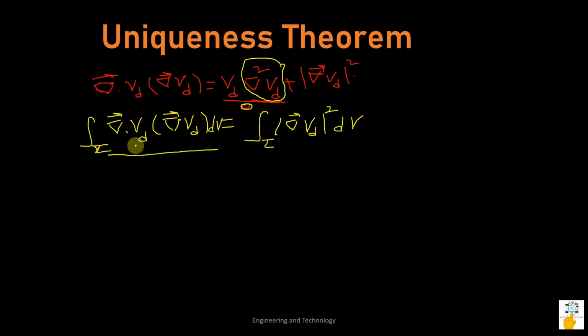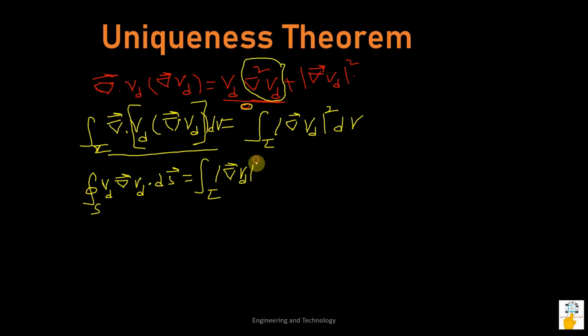So by assuming this as a single term, that will be equal to closed surface integral of Vd del Vd dot ds is equal to volume integral of del Vd square dV.